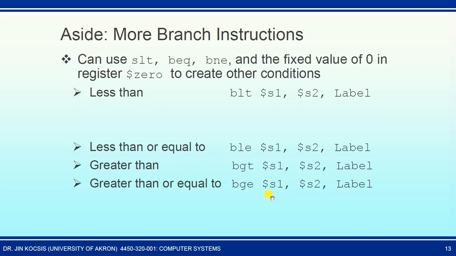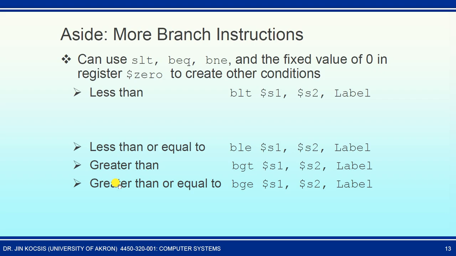So now let's go back to what we said before. We said, right, instead of creating new instructions, we use set on less than together with branch equal and branch not equal, in order to realize the four conditions: less than, less than or equal to, greater than, or greater than or equal to, right?